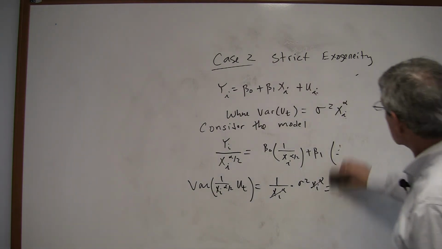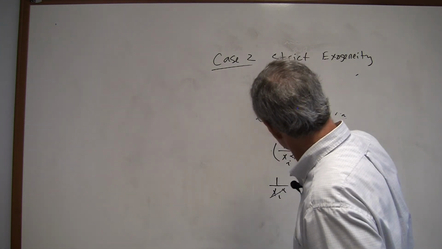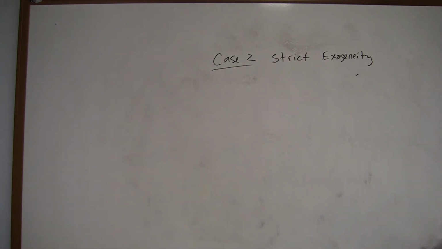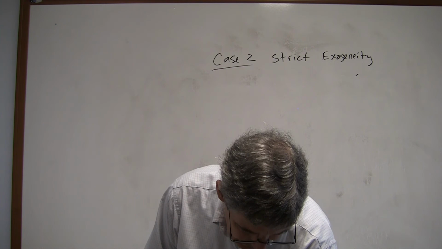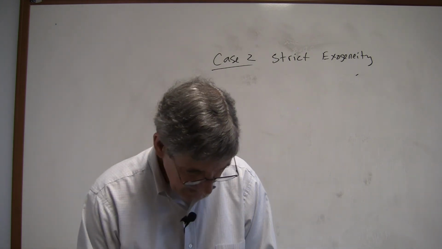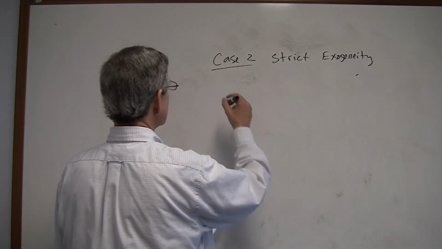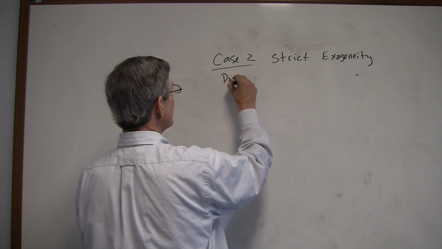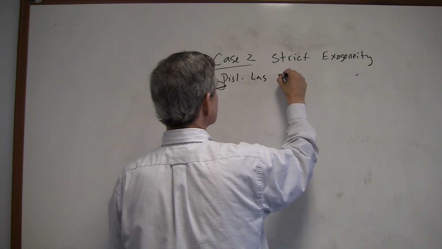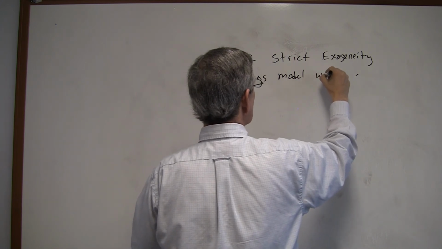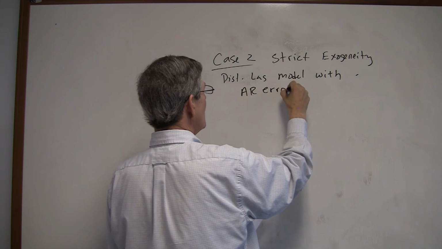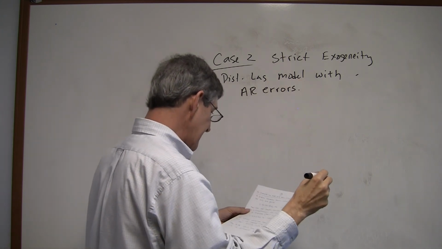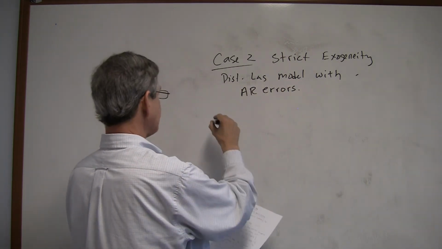All right. So what we need to do now is we're going to look at a model, the distributed lag model with autoregressive errors. And mostly we'll look at AR1 because the extension to ARP isn't hard.